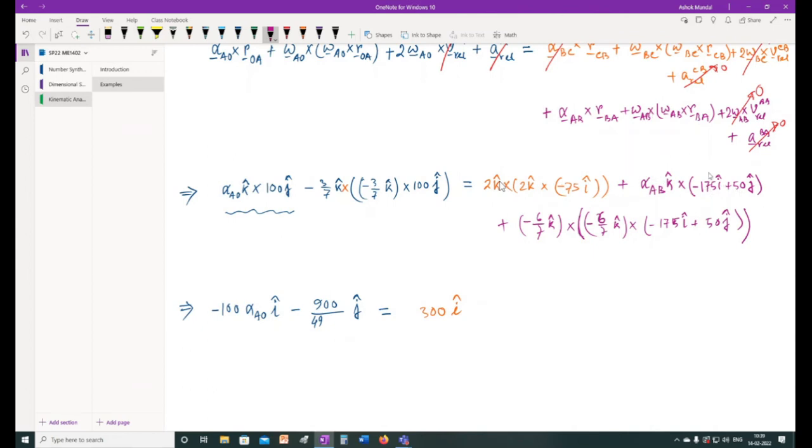The multiplication gives K into I is plus 175 alpha AB J. Why plus? K into I is J, and minus minus gives minus 175 alpha AB J. And then the next term: minus 50 alpha AB, K into J is minus I, so it is minus 50 alpha AB I.